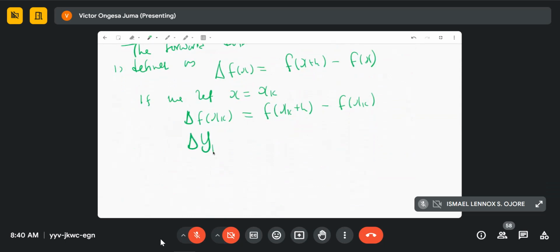If f of xk is equal to yk, how do we denote f of xk plus h? Y of k plus h.